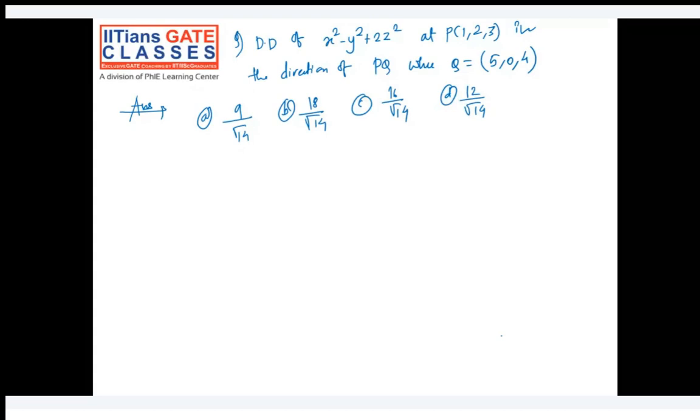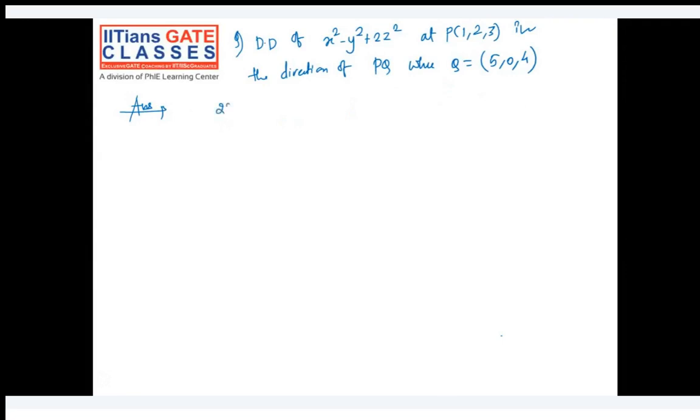Check it once again where you made a mistake, or let me help you out. Oh, sorry, I have given wrong options. Give me a minute. These are the options for the next question. Yes, Arjun, 28 by root 21 is the correct answer.